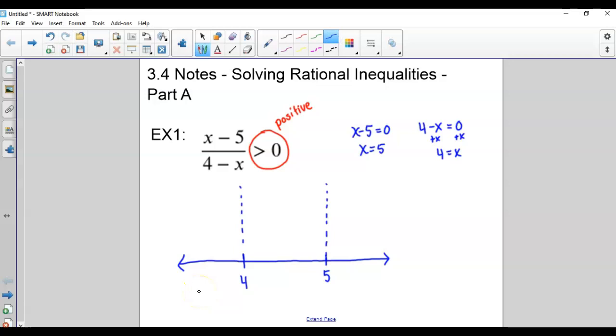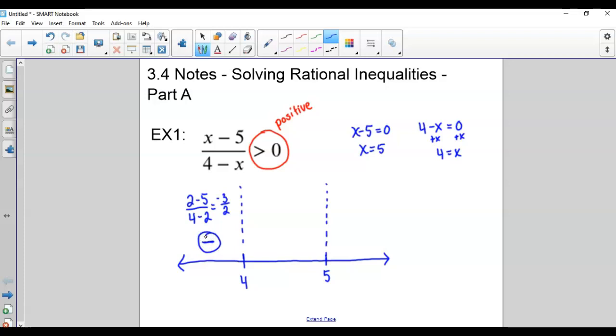Any number below 4 should give you not the same value, but if it's negative for 0, it should also be negative for 2. So I'm going to choose 2 here. 2 minus 5 over 4 minus 2 is going to give us negative 3 over positive 2, and so we get a negative answer here.